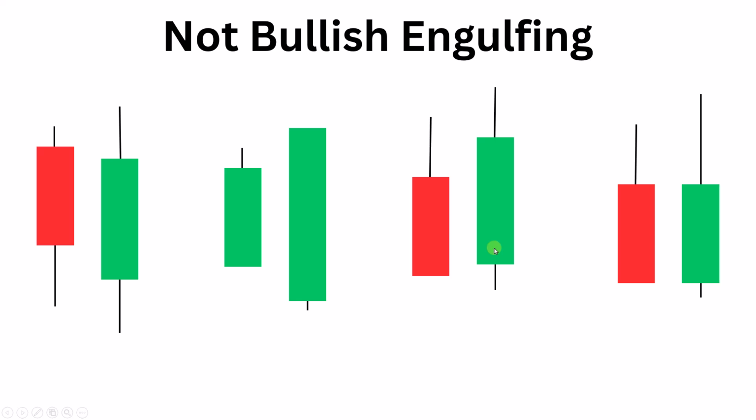Now, there are traders who consider this to be a bullish engulfing variation, because their argument is that this price has opened up at a higher level. Correct? What does a bullish engulfing pattern do? It signifies, or it denotes, a change in trend from downtrend to uptrend.